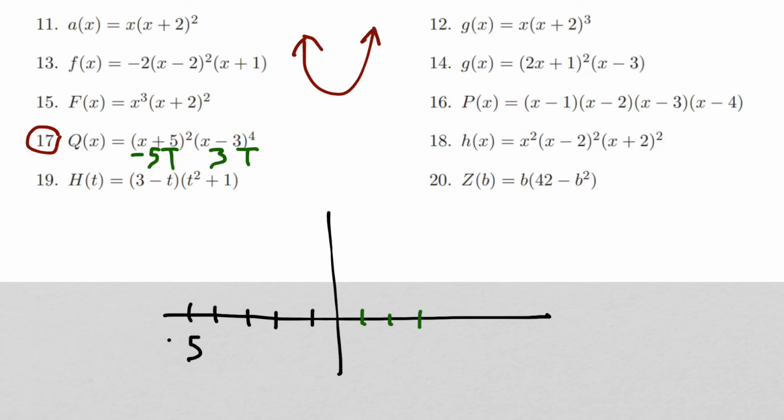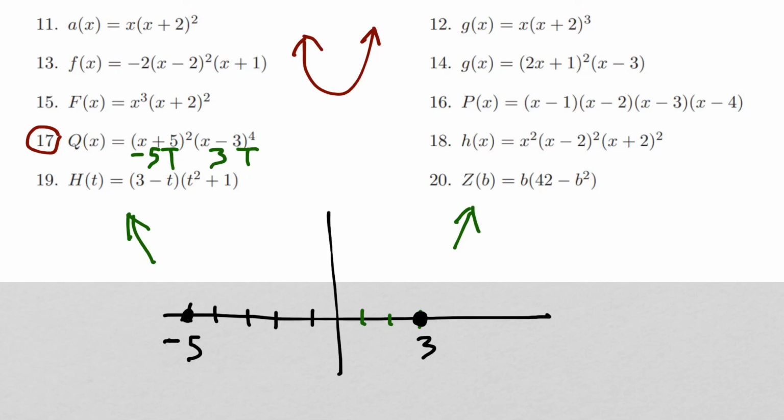So -5 and 3, so I'm going to put a dot for that 0 and a dot for that 0. And then I know that according to my end behavior for an even function being up, up with a positive leading coefficient, it means I'm coming from here and here.